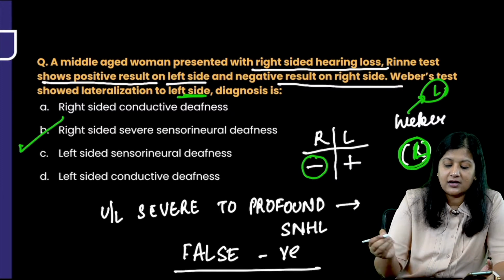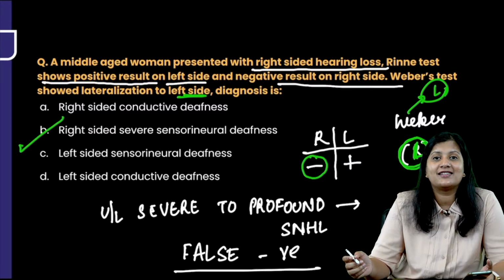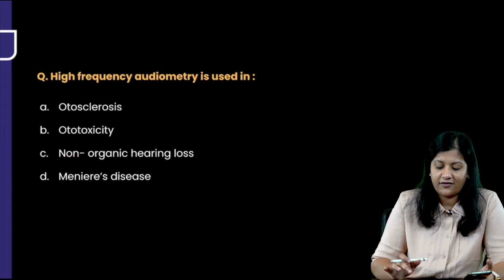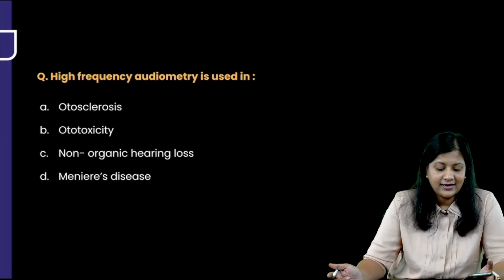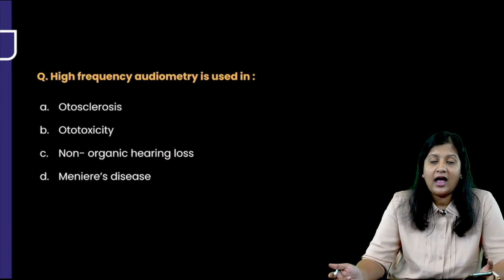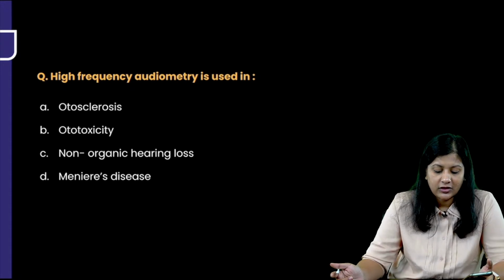So your answer will be B, right-sided severe to profound sensory neural deafness. Okay, so let's go towards the next question. High frequency audiometry is used in otosclerosis, ototoxicity, non-organic hearing loss, Meniere's disease.